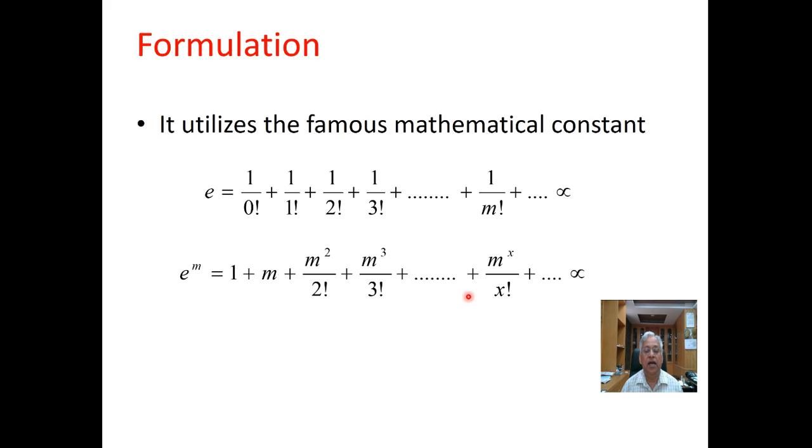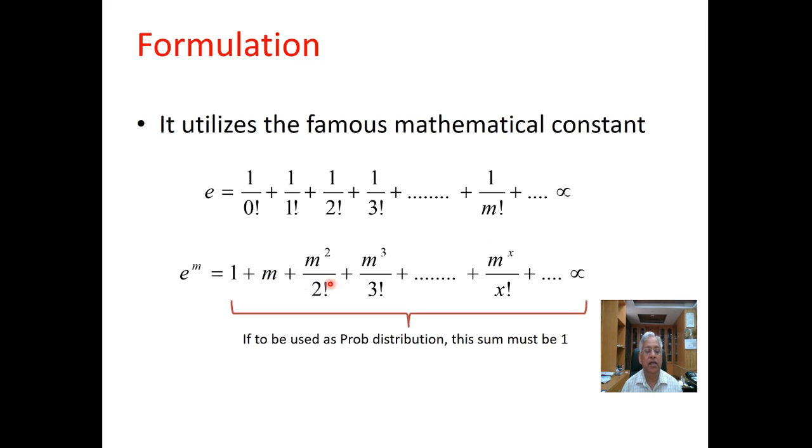Now this is the exact term in this series, and if this has to be a probability distribution, then the sum of all these terms must be equal to 1. So to get this equal to 1, we divide both sides of this equation by e to the power m.